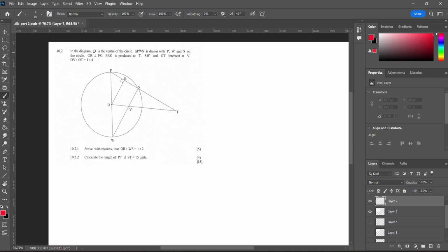In the diagram, O is the center of the circle. So this means that PW is the diameter, right? If this is the diameter, we know that this angle right here is 90 degrees, an angle subtended by a diameter.